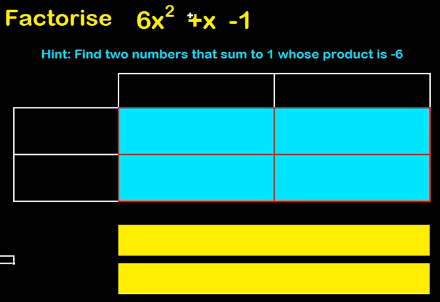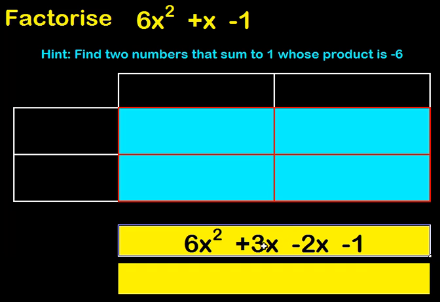The larger number has to be positive because we've got plus x there. So the two numbers that we're looking for are plus 3 and minus 2, to split that x into plus 3x minus 2x, because 3 times by negative 2 will give us minus 6, and 3 take away 2x will give us plus x.